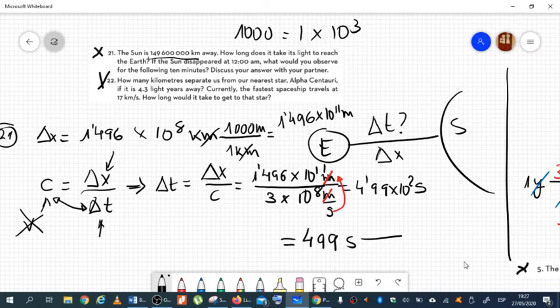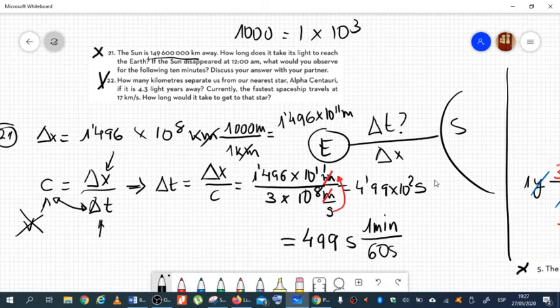So 60 seconds is equal to 1 minute. Notice how important it is to know conversion factors and scientific notation.